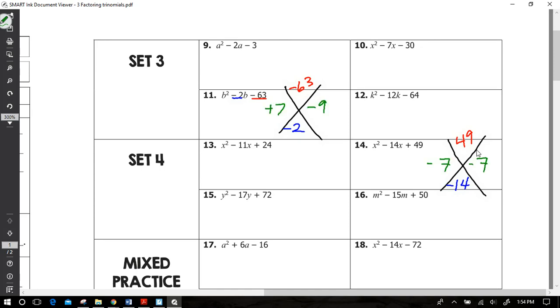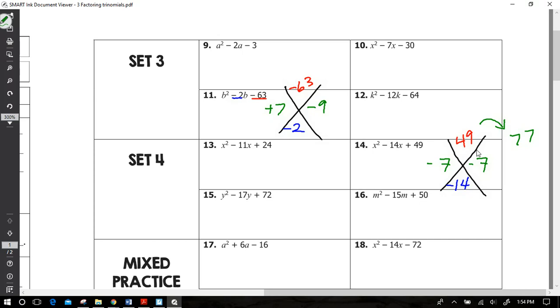So it gets a little tricky when we're dealing with negatives. I'm going to talk about 14 first, okay? I have a positive 49, and 49 isn't divisible by too many things. I got 7 and 7, and I got 1 and 49, and I think that's about it, right?